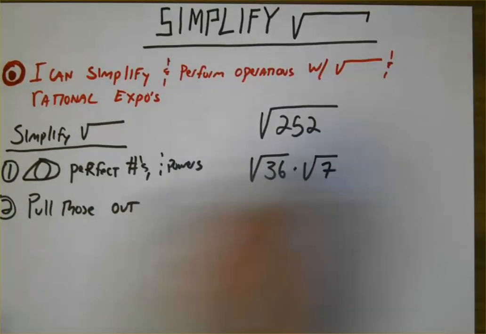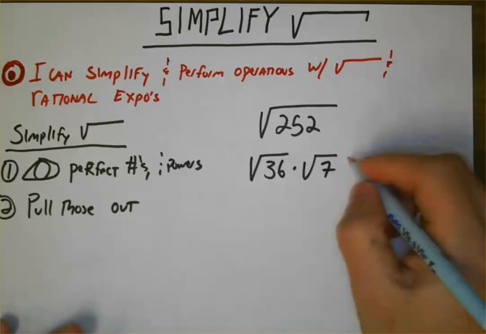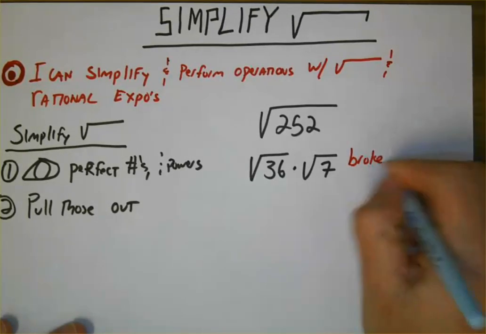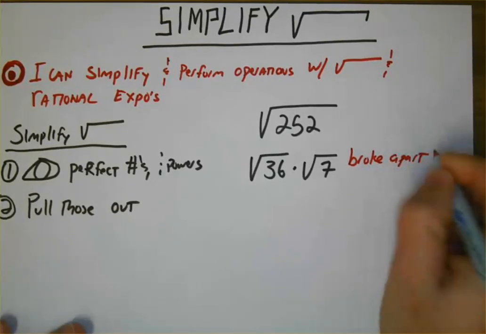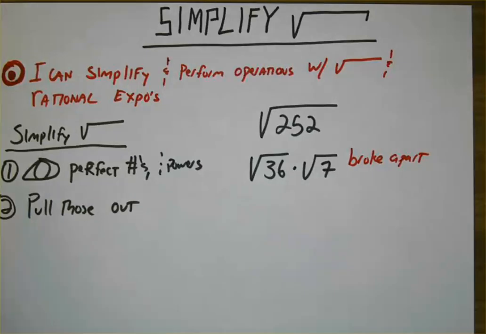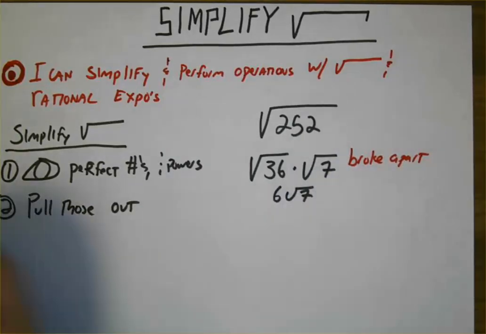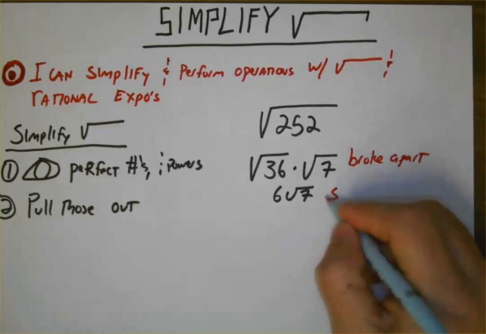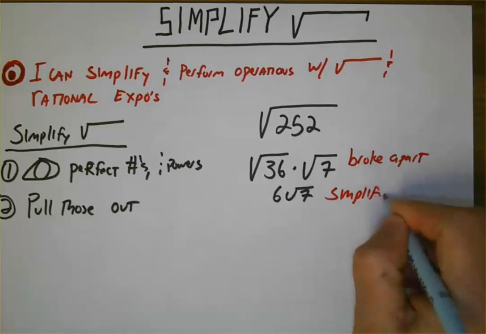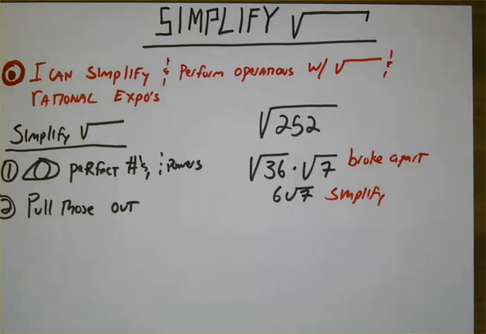So what did I do there? I broke it apart. What's the square root of 36? 6. So this is 6 radical 7. That's simplified.